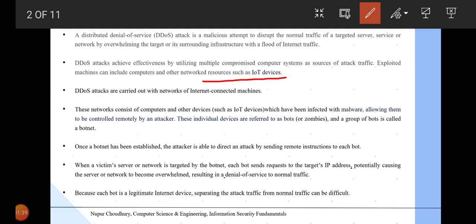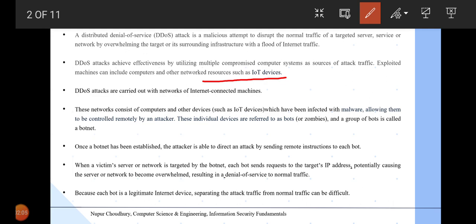So DDoS attack makes use of such kind of devices which are already compromised and there are malwares installed in those particular systems. They are carried out with networks of internet connected machines. So in order to perform DDoS, it is extremely important that all of the machines are connected to the internet.